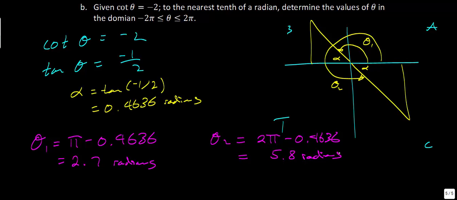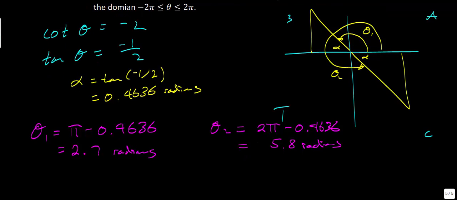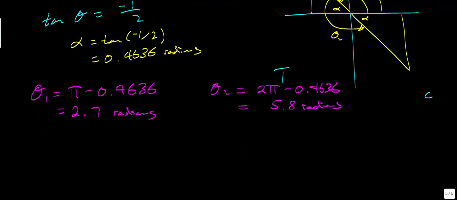Now the question is, again, in terms of these angles, are there any possibilities of ones that are coterminal? Well, if you take a look at theta 1, could we do another 2 pi revolution and stay in that region? No. But we could have taken this answer and subtracted 2 pi. And the same thing is going to work for this one. So I'm going to call these theta 3 and theta 4.